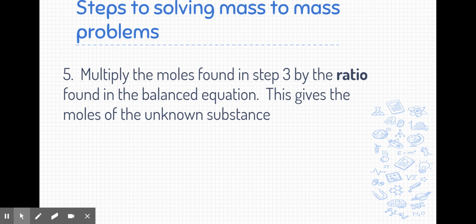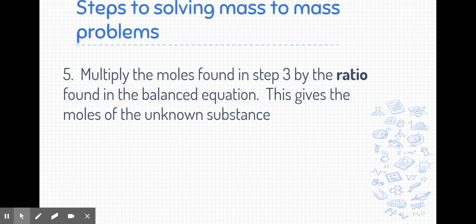You might wonder where step 4 is. It's disappeared. Step 4 or 5, wherever you're at, take that moles that you calculated in the previous step and multiply it by the ratio found in the balanced chemical equation.